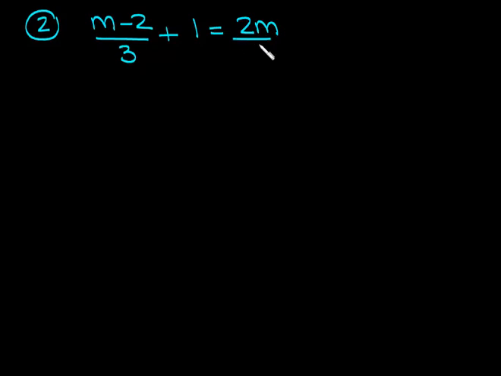So let's do problem 2. In problem 2 we have x minus 2 over 3 plus 1 is equal to 2. Let's change these to m's, make them different, m over 4.